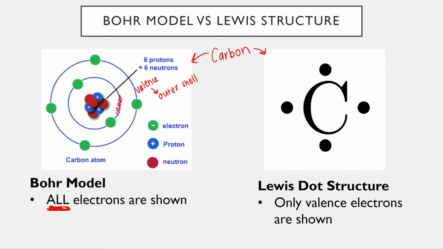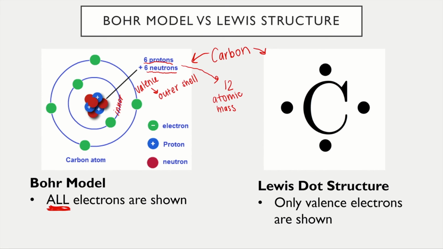But in our Bohr model here, we can see that carbon has 6 protons and 6 neutrons. So since we have 6 protons here, its atomic number would be 6. And if we have 6 neutrons and we want to find our atomic mass, we're going to add together protons and neutrons. So if we add our protons and neutrons here, we would get 12, and this would be our atomic mass, which is the number of protons plus the number of neutrons.